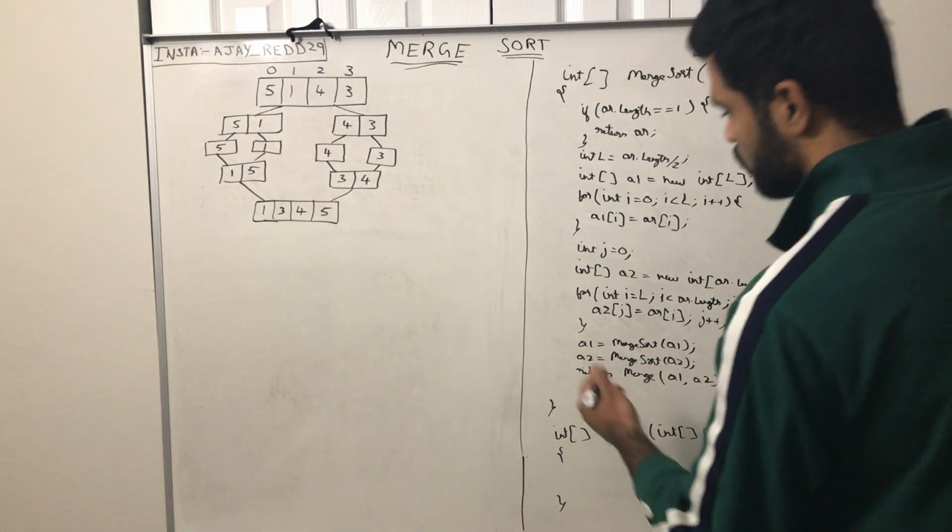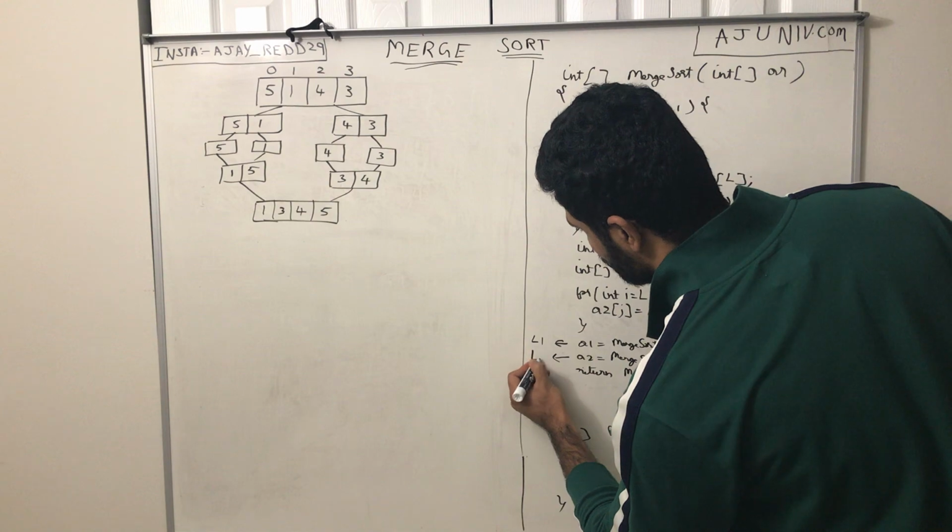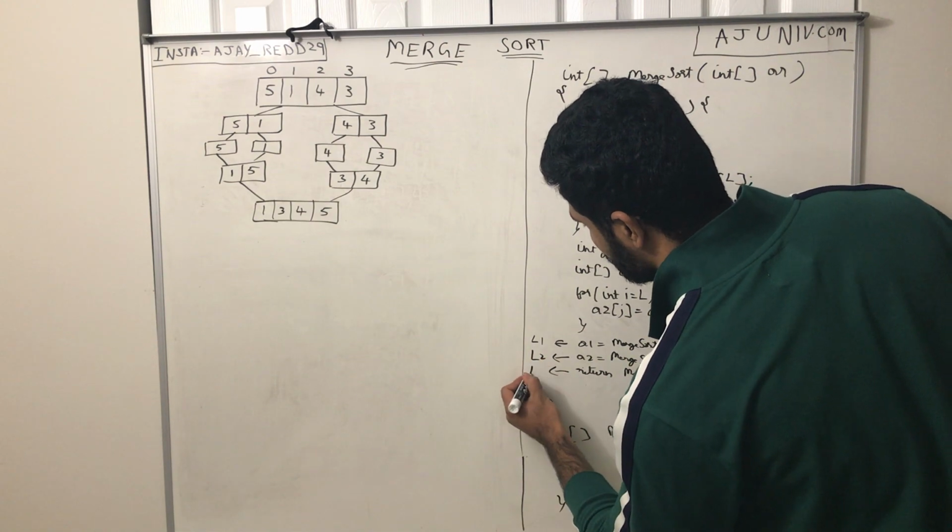To make it simple, I will just name this as line 1, this as line 2, and this as line 3.